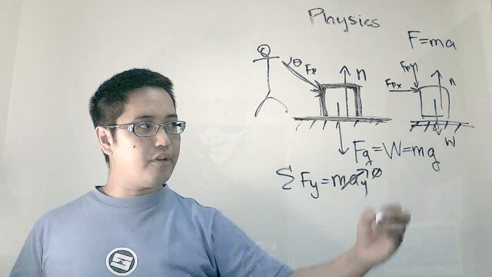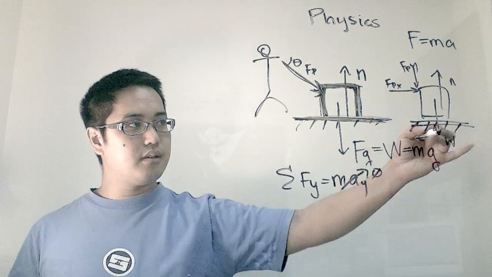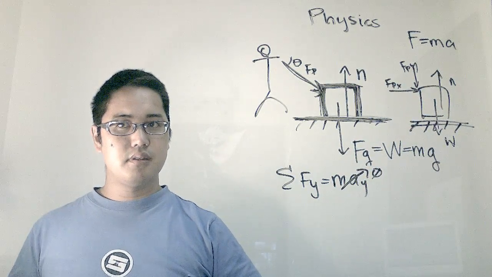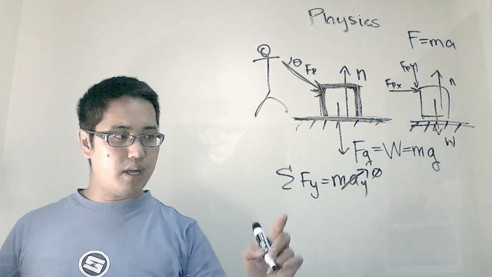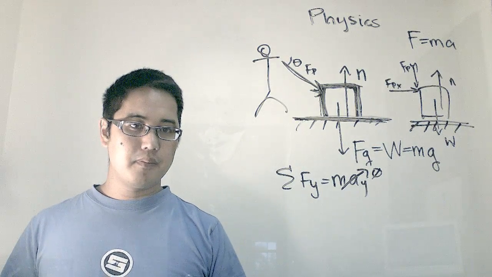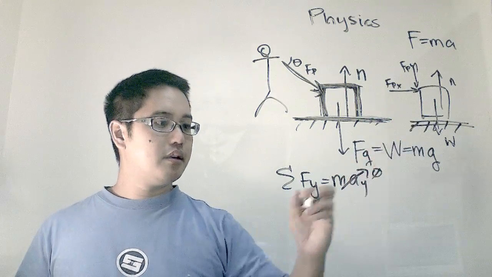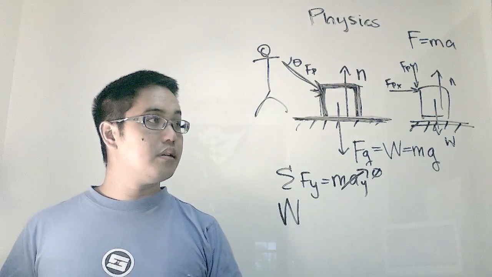Look at your free body diagram and name some of the forces you see. I want to add up all the forces in the y direction. There's the weight pushing down, and then there are the two components of the person pushing on it.